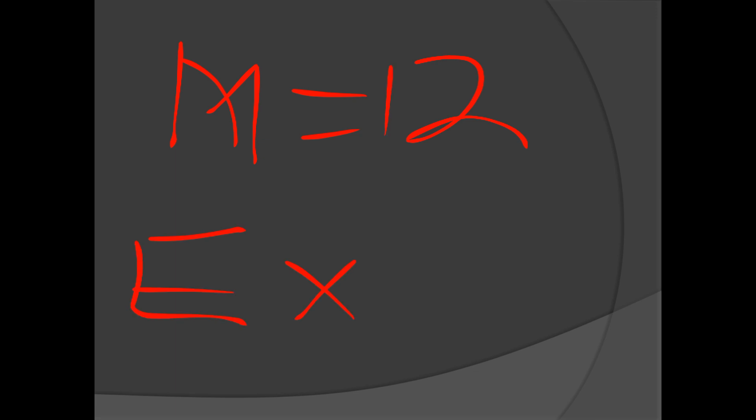So I said those that pass mathematics are 12. Then I ask you about those that pass English. Then I tell you they are 2 times those that pass mathematics. That's going to be 2 times 12, right?